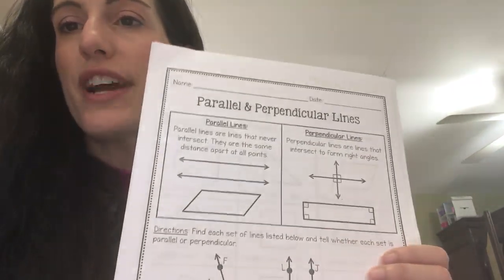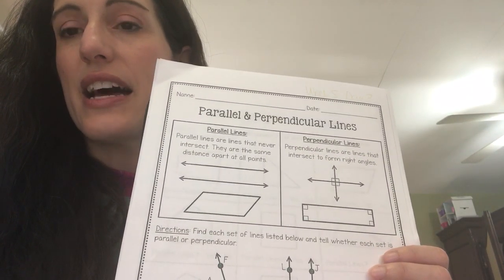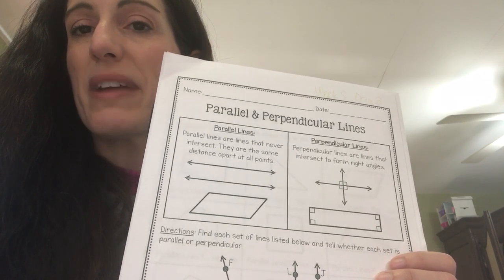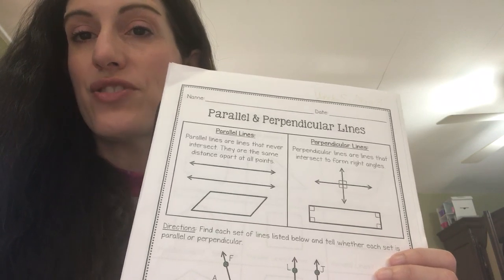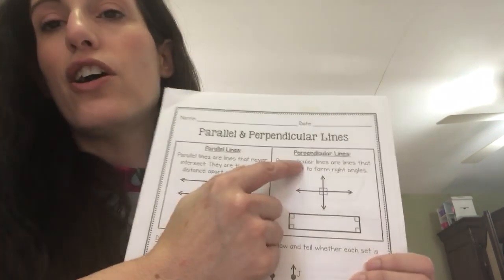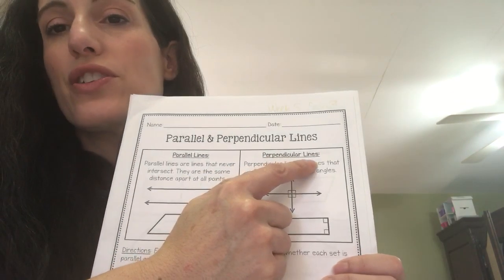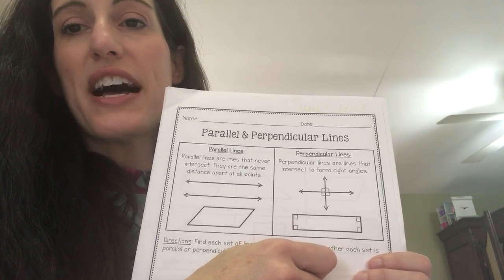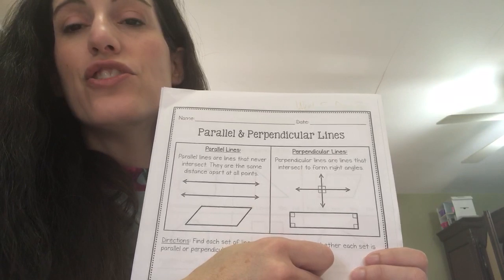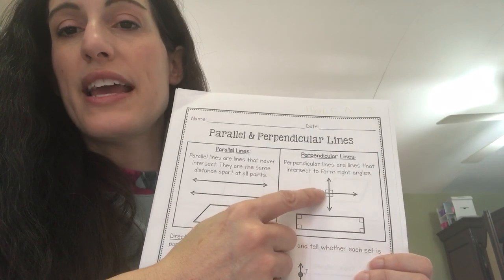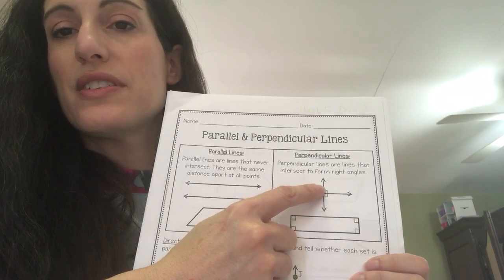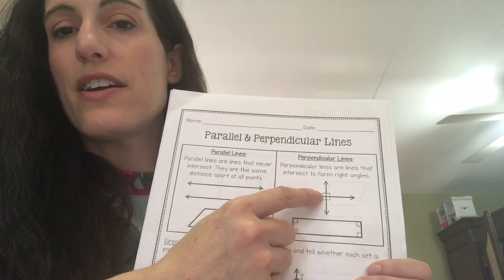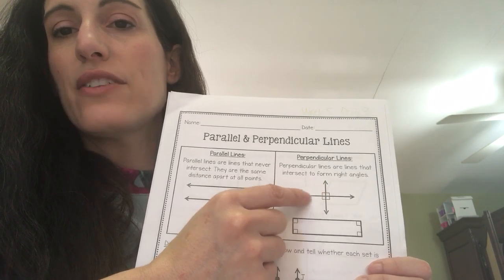Now, last year in 3rd grade you learned about intersecting lines, lines that did cross. This year we're learning about a special kind of intersecting line called perpendicular lines. Perpendicular lines are lines that intersect to form right angles. This little 90-degree angle, which looks like a little square, is a right angle.